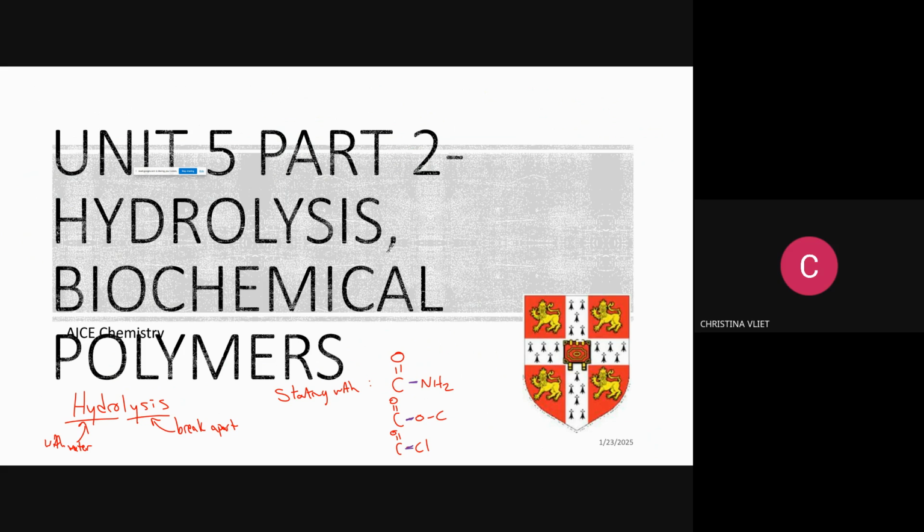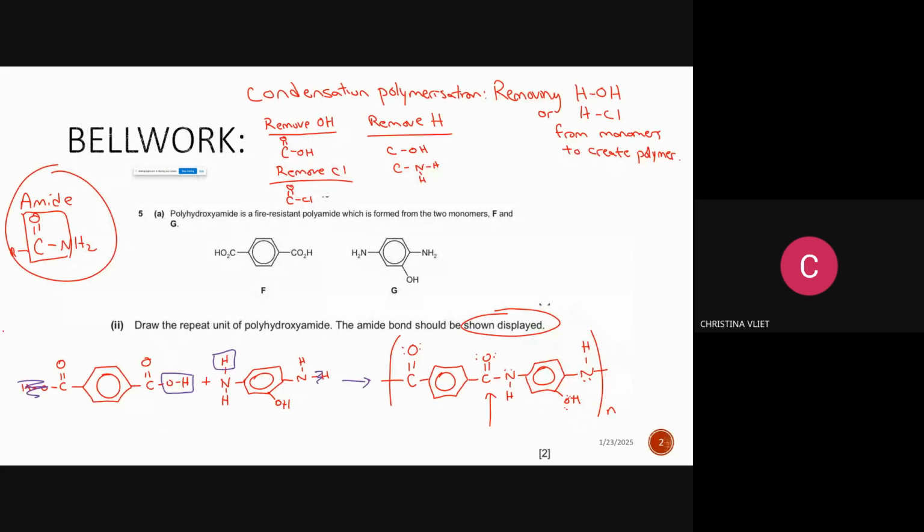We'll go over the objectives and then we'll get to business. I believe this lesson is an hour or less, like the last one. We'll start with hydrolysis and then get to the biochemistry. Let's take a look at the objectives.